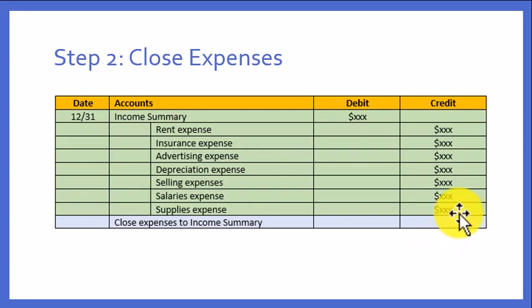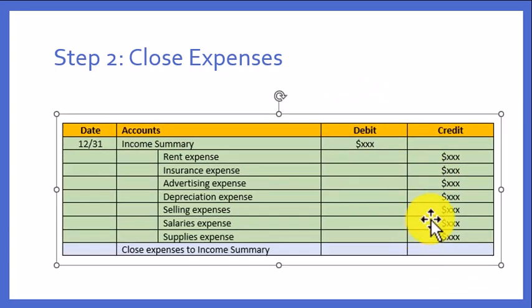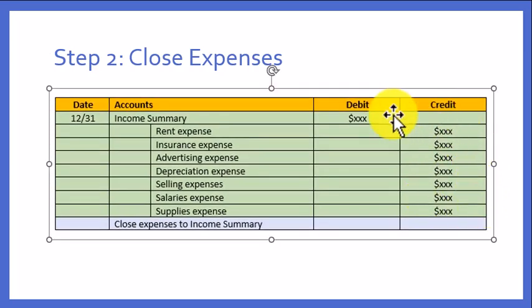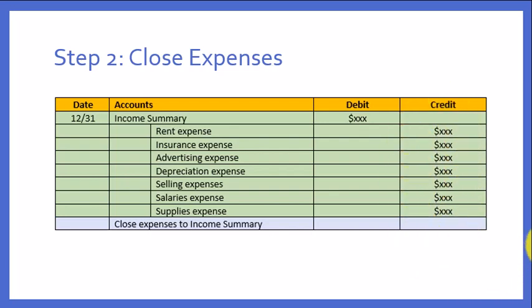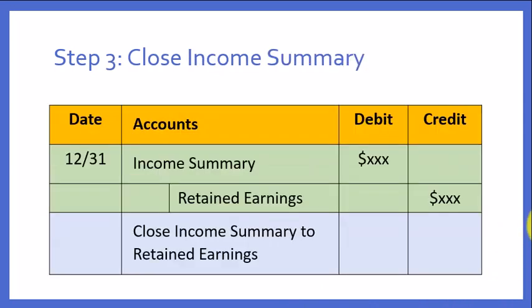Now, remember, our total debits and total credits have to be equal in any journal entry. So this total debit amount is going to be the total of all of these credits put together. That's the amount that's going to be debited to income summary. So at this point, we've moved both revenues and expenses into income summary.